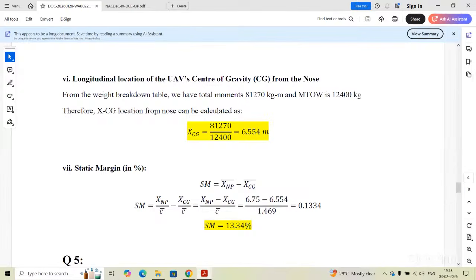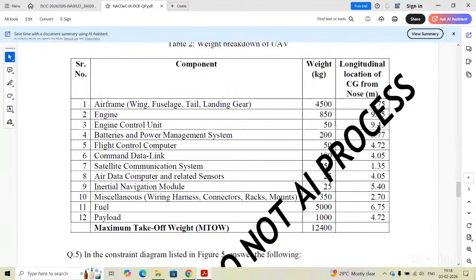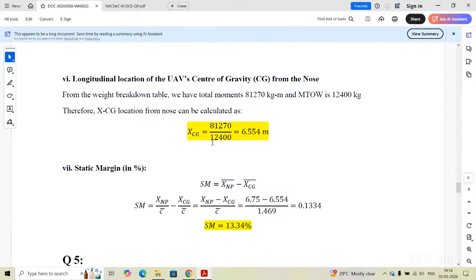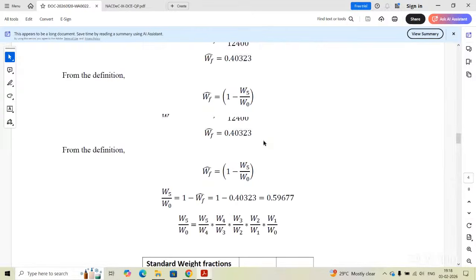Okay, next question is about the longitudinal location of CG from the nose of the UAV. This table is provided in the question paper, which includes the longitudinal location of CG from the nose. So we have taken the moments and added all the moments divided by maximum takeoff weight. So these things have been done in the table itself.